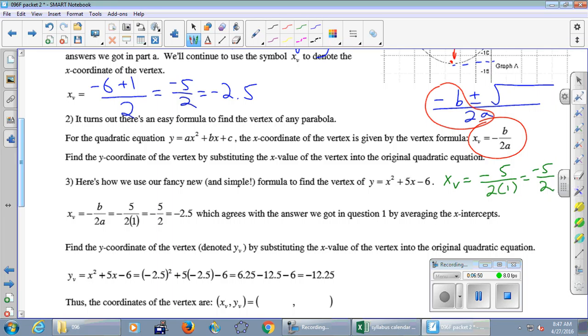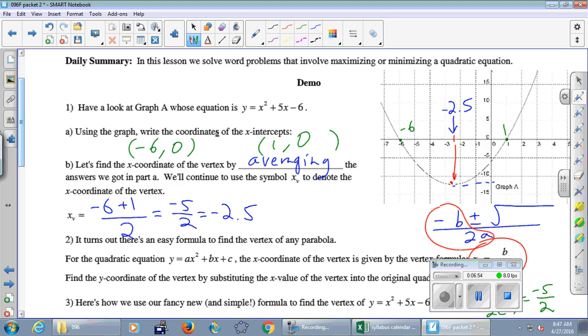And the really nice thing about this shortcut formula is, well, two things. Number one, suppose that these were not integer numbers. That negative 6 and 1, we just looked at it and said, oh, we think they're really nice numbers. But you guys remember we had another one where the answer was like negative 3.44 and change, and then like 1.44 and change.